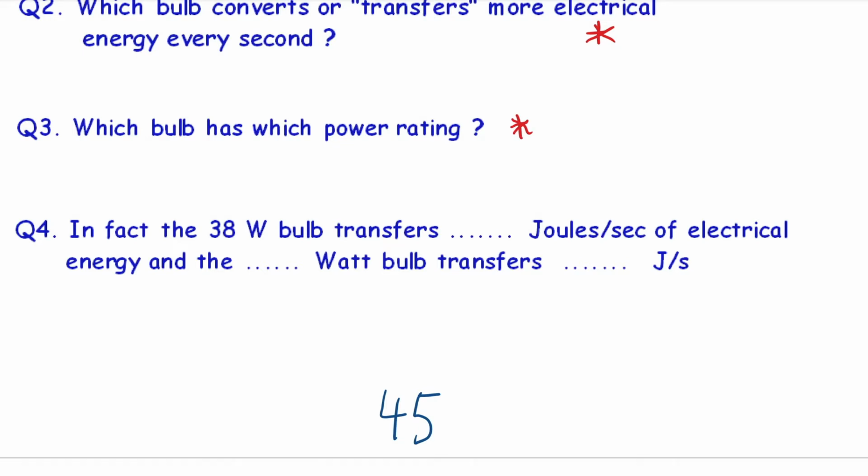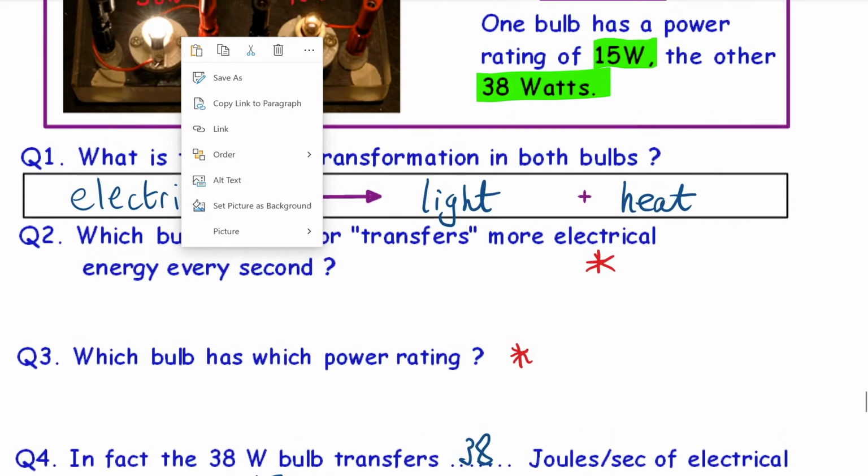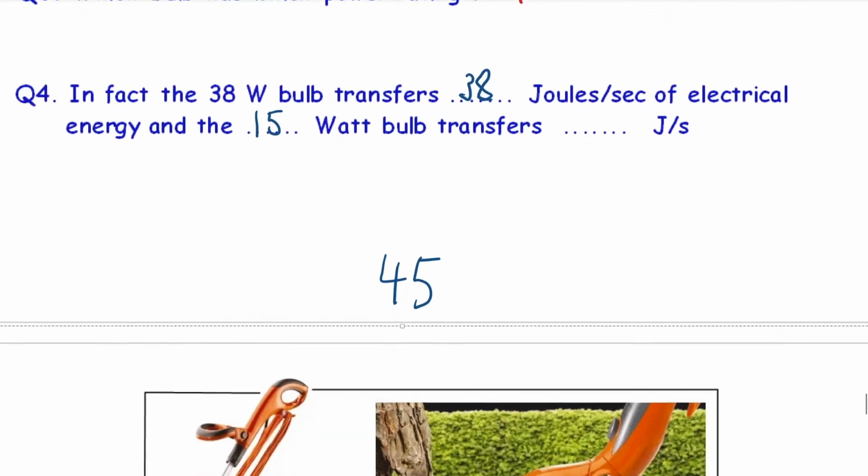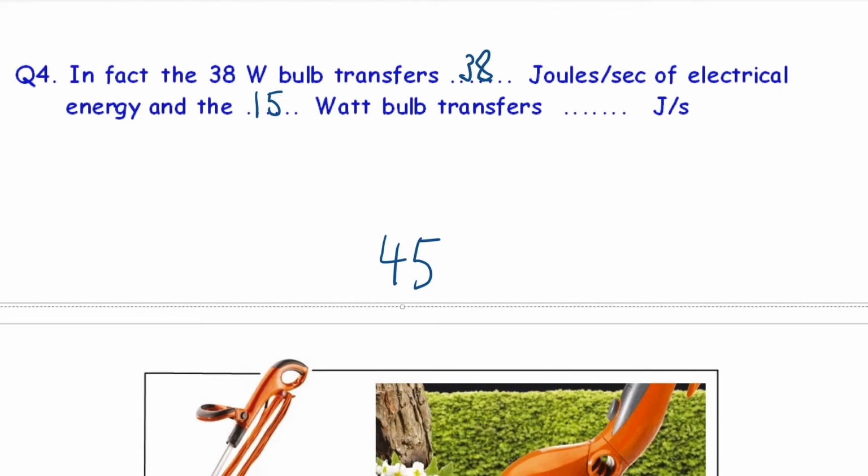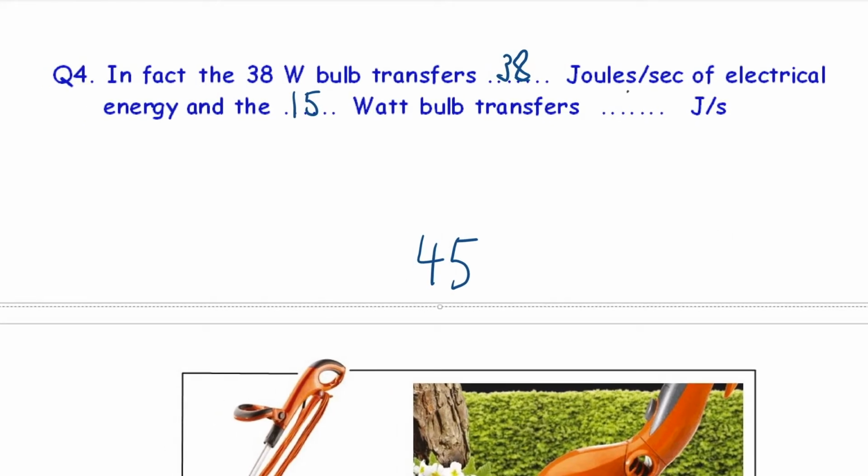In fact, the 38 watt bulb transfers 38 joules per second of electrical energy, and the 15 watt bulb transfers 15 joules per second.